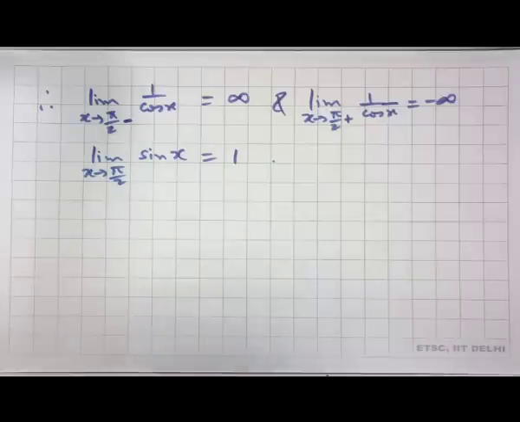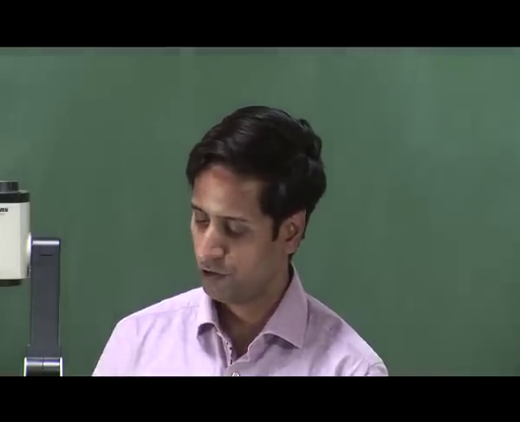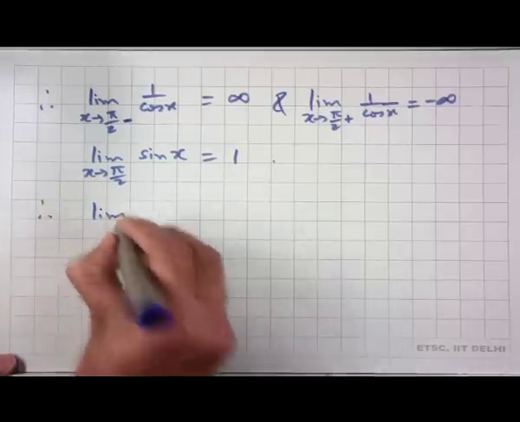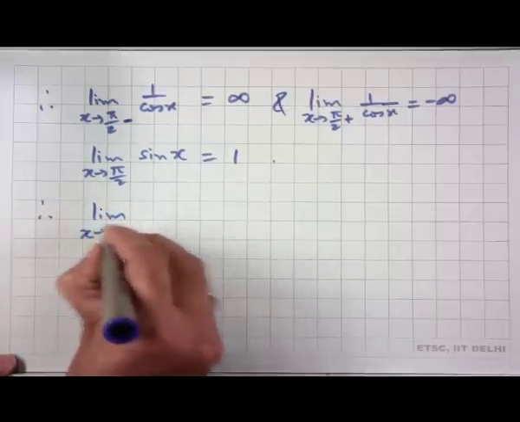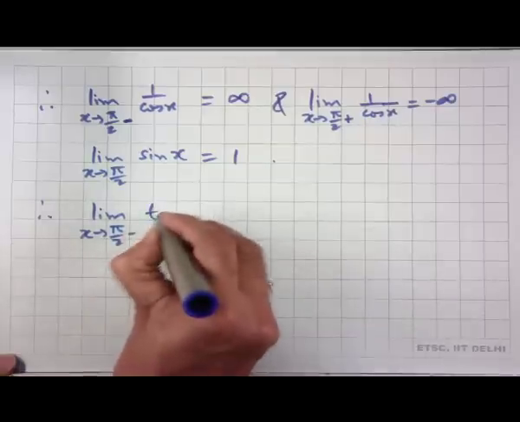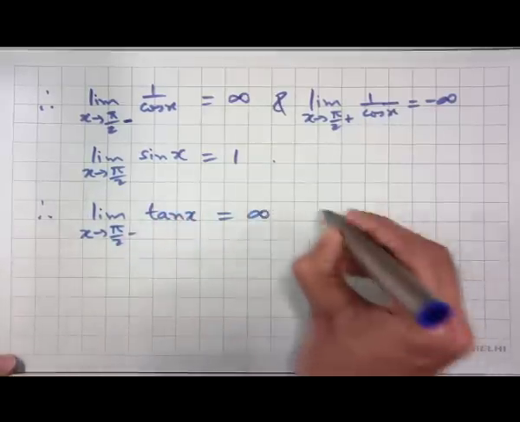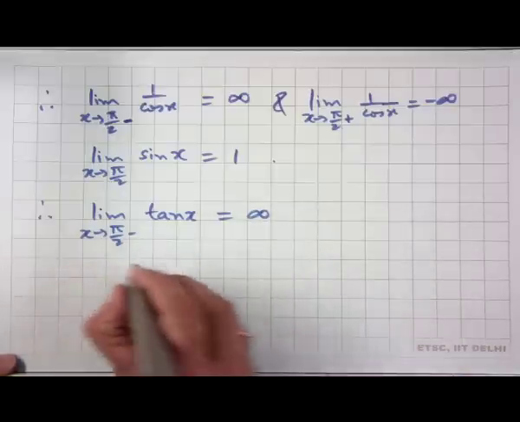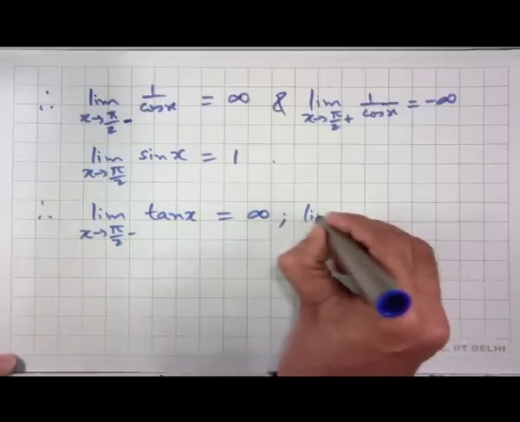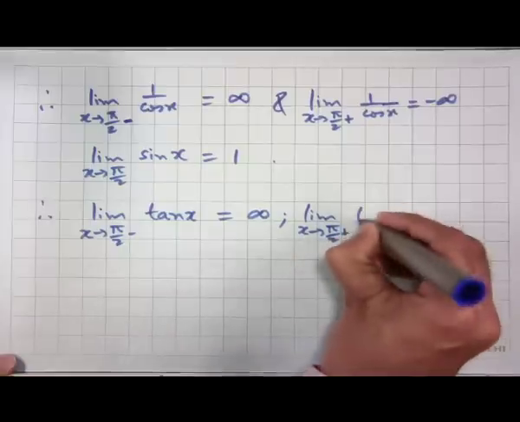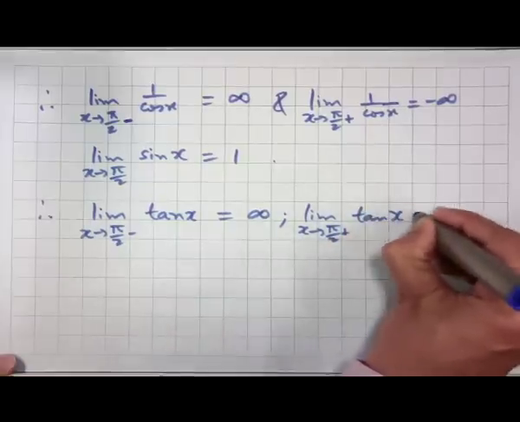So, by the product rule, the left hand limit of tan of x is equal to infinity, and the right hand limit of tan of x is equal to negative infinity.